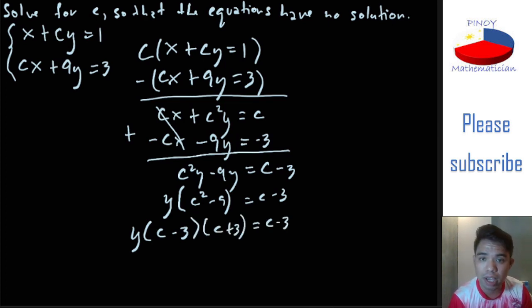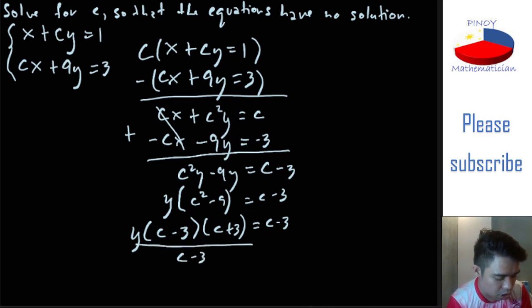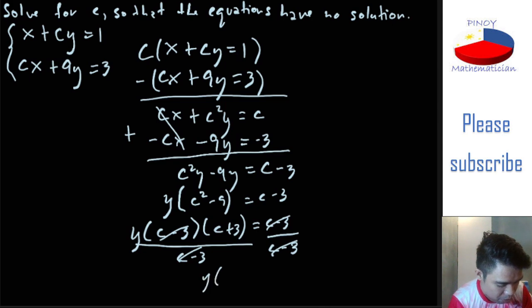Then copy c minus 3. Since both sides have c minus 3, we can cancel it. This becomes 1. So what's left is y times (c plus 3) equals 1.